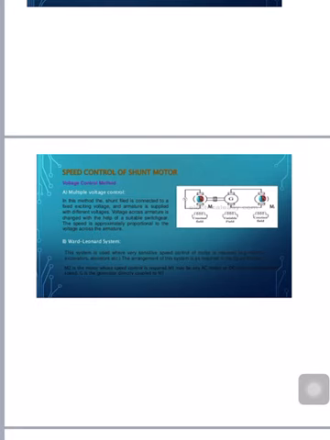In this method, the speed of the DC motor M1 is controlled by applying a variable voltage across its armature, and this variable voltage is obtained by using a motor generator set, which consists of a motor M2, either AC or DC motor, directly coupled with the generator G. It is a very widely used method of speed control of DC motors. We can see the basic connection diagram of the Ward-Leonard speed control system.